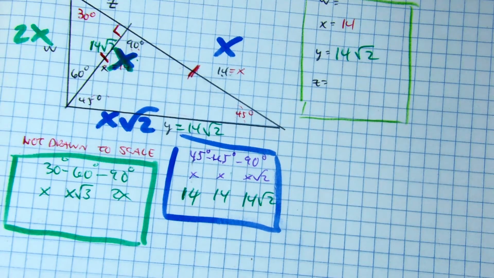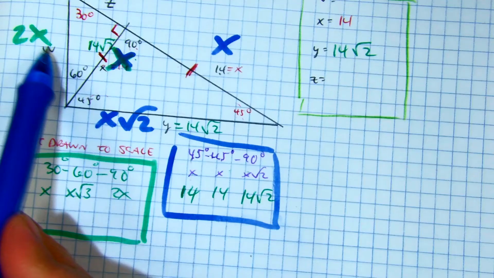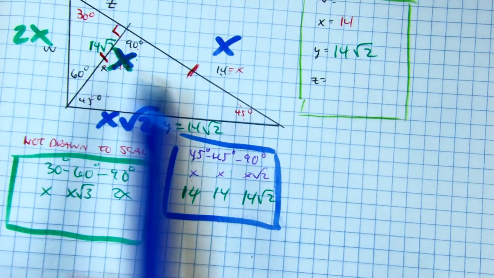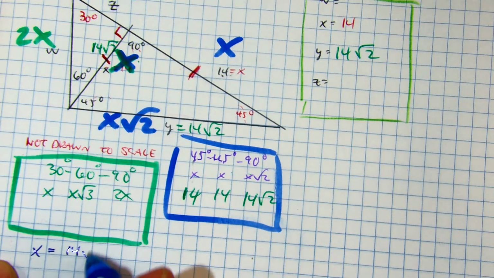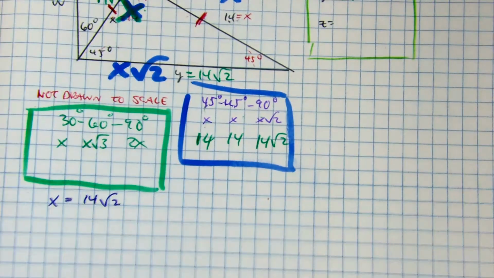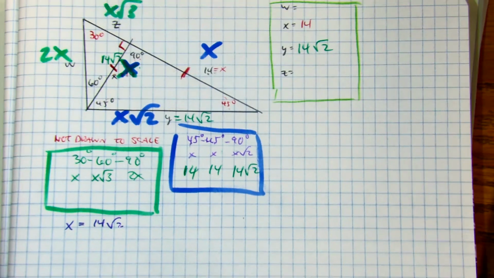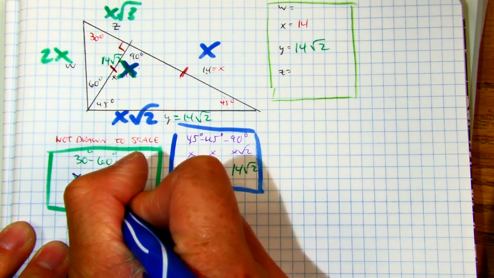Class, yes or no? Should I start here? Here? No. Here? Yes. X equals 14 radical 2. So if I already know that x equals 14 radical 2, then I can just fill in x into every x value. Does that make sense?